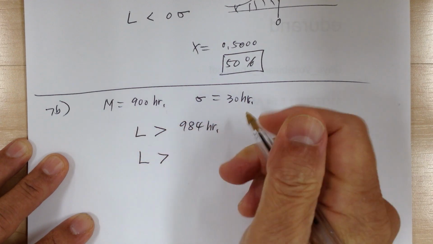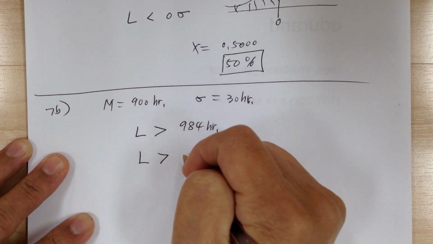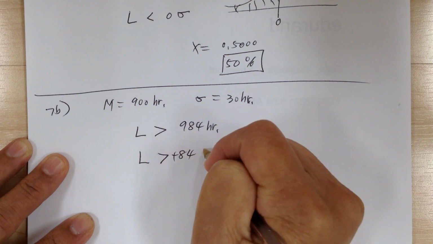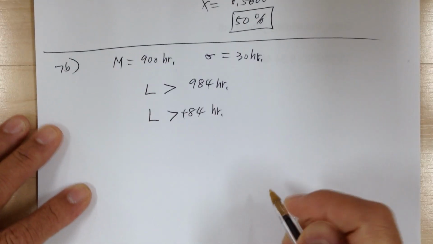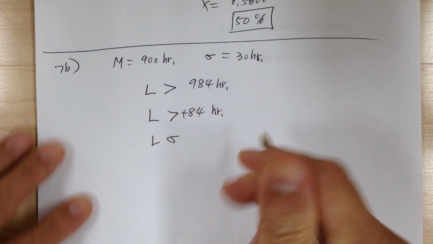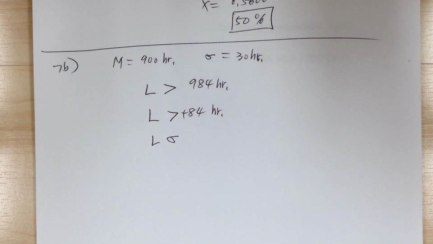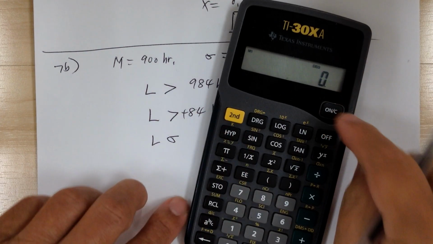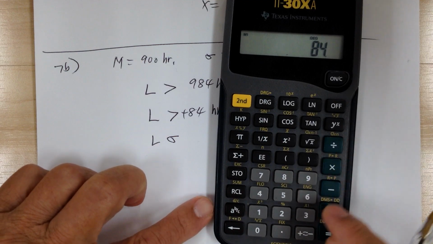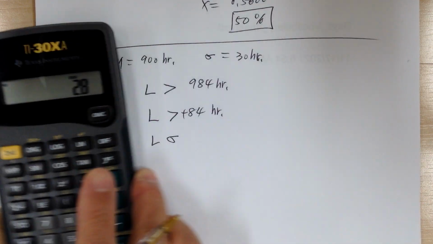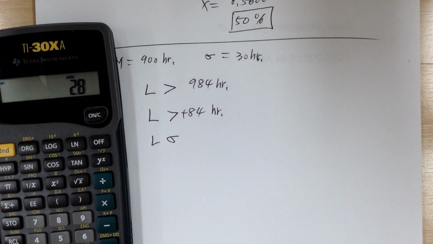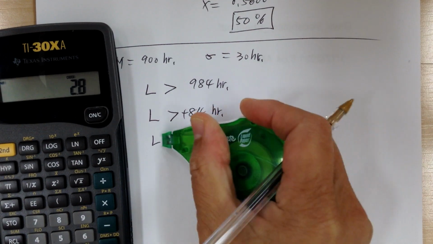Okay, so you can change into differential. This minus that will give you plus 84 hours. Then convert into standard deviation, so you have to divide. Get your calculator. 84 divided by 30 equals 2.8.